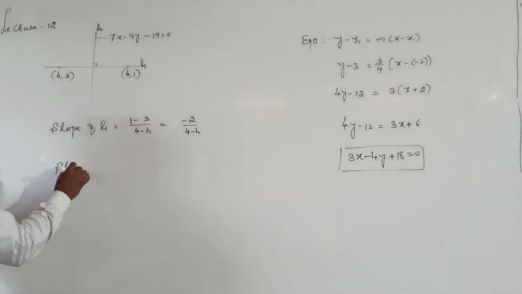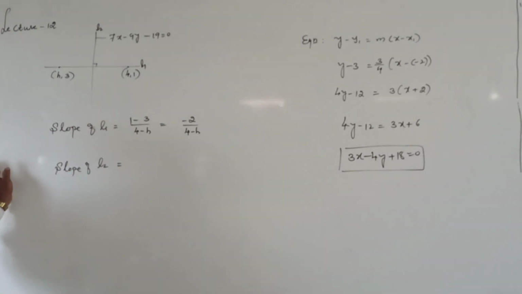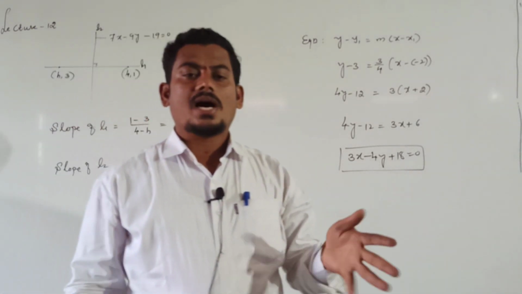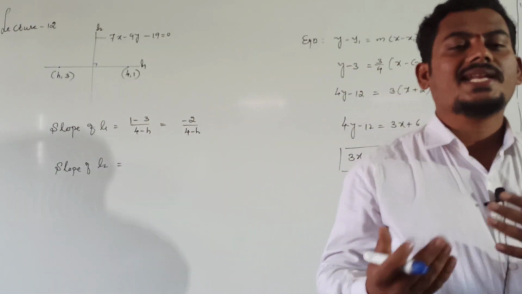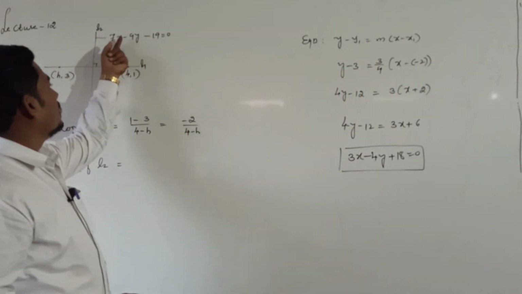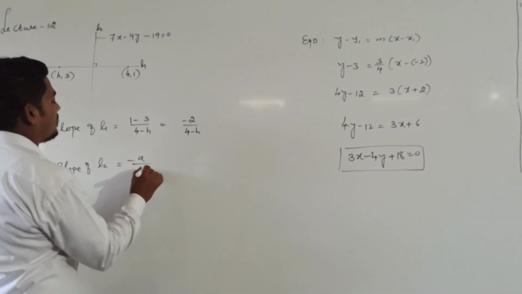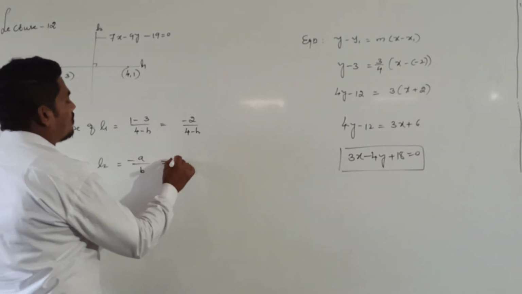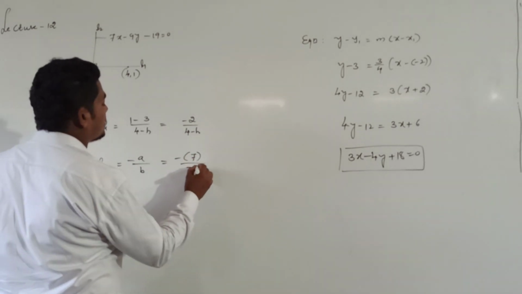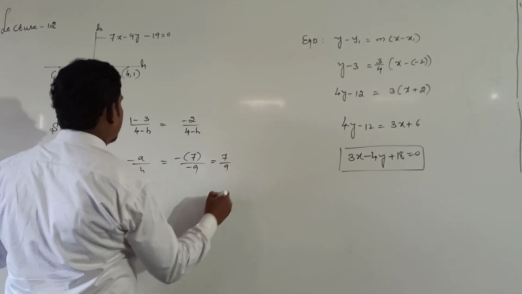Then tell me the slope of L2. Clearly it is like ax plus by plus c equal to 0. Already you know how to find the slope of the line ax plus by plus c equal to 0, right? The slope of this line is minus a divided by b, that's equal to minus 7 divided by minus 9, that's equal to 7 divided by 9.